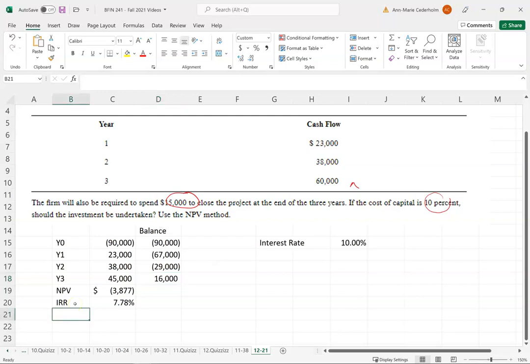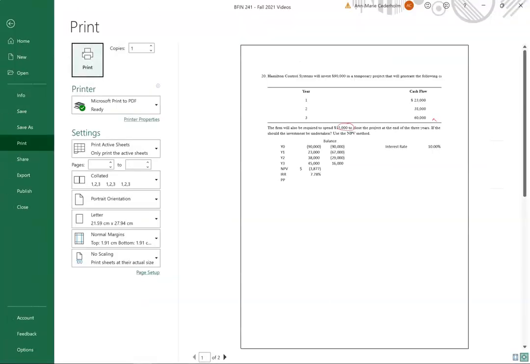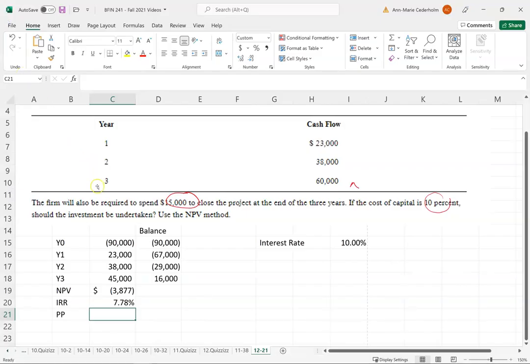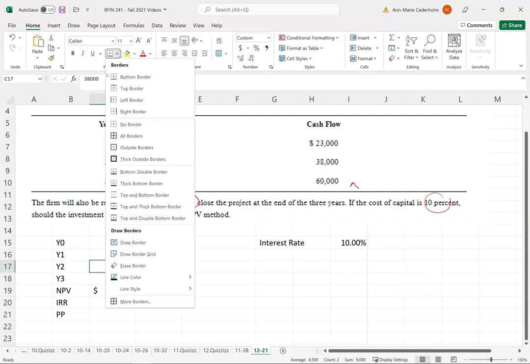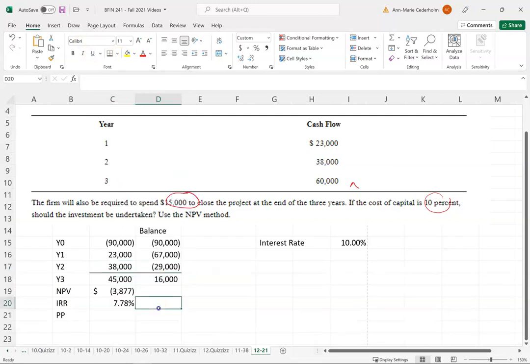Okay, so now I'll just say payback period, so PP, and we'll go like this. So I know it's between year 2 and year 3, so I'm just going to put a line through that. And so now I'll just put 2, and then I'll say plus.